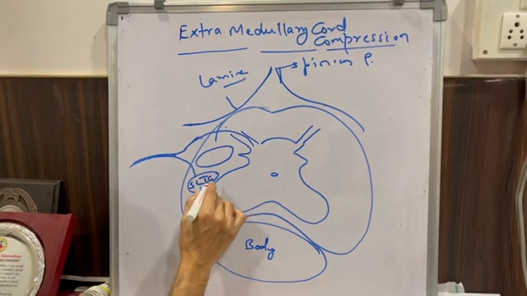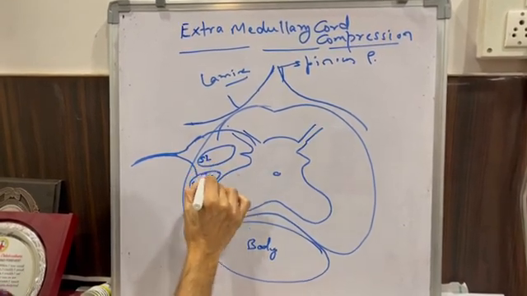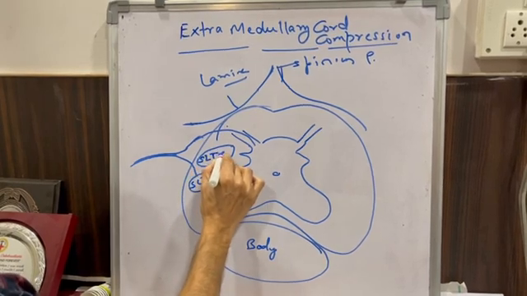Same in the corticospinal tract, outside are the sacral fibers, then the lumbar, then the thoracic, then the cervical.